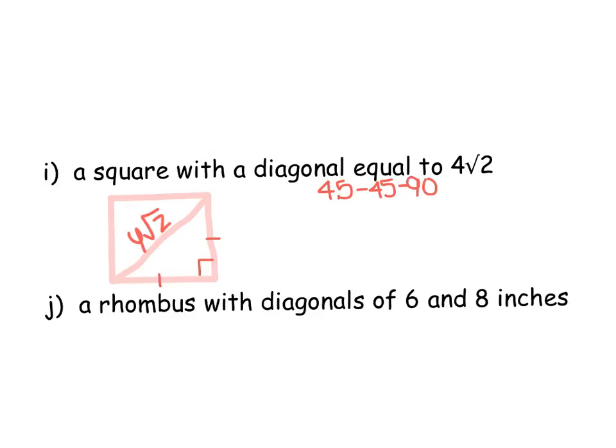Remember, for a 45, 45, 90, if we take a side and multiply by radical 2, it gives us the hypotenuse. So if the hypotenuse is 4 radical 2, that means the sides are 4.